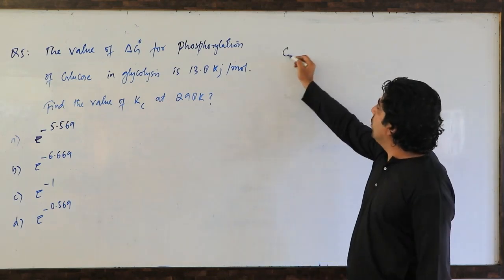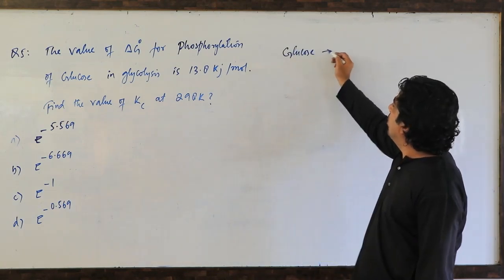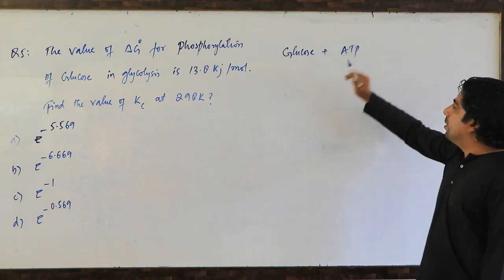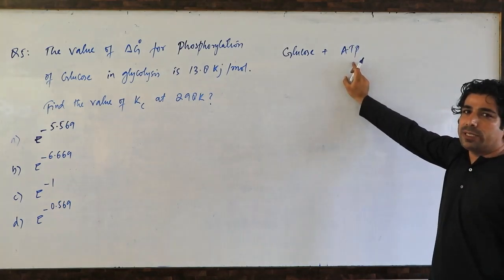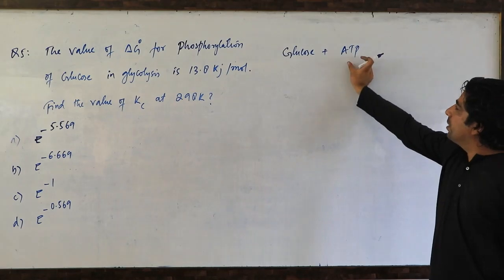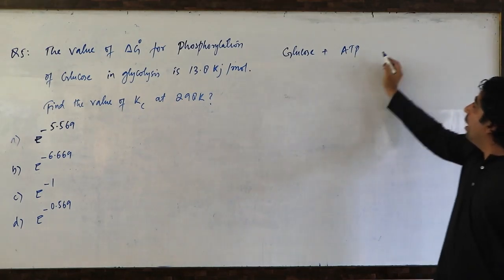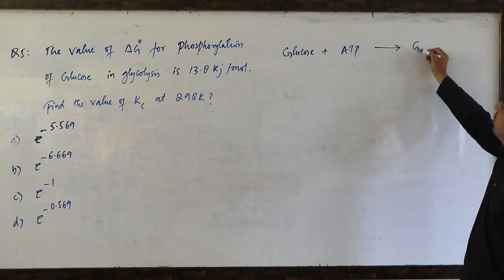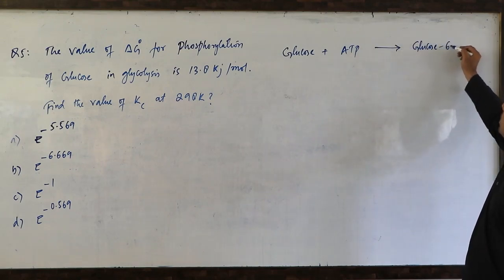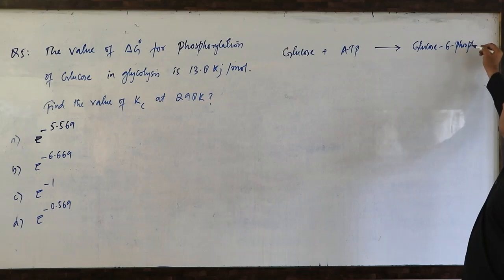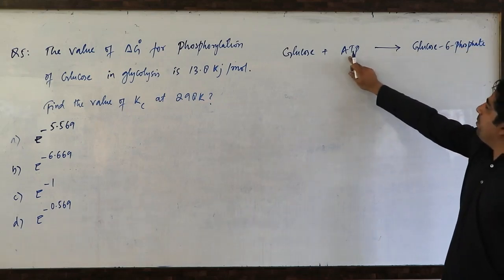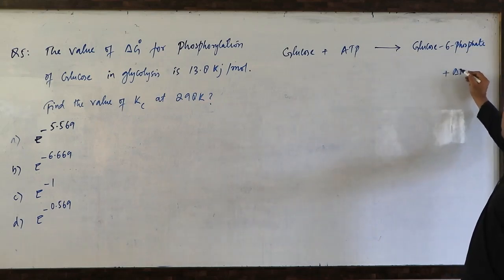You know that if you have a glucose molecule, in addition with ATP, adenosine triphosphate, this molecule will provide an inorganic phosphate to the glucose, and glucose can be converted into glucose 6-phosphate, and this ATP will change into ADP.